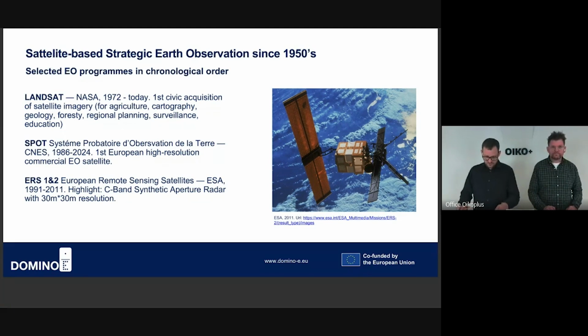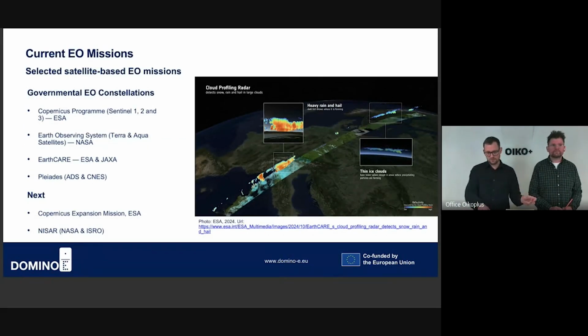Today, Earth observation has matured into a globally distributed infrastructure that remains under constant evolution. And I'm just going to pick out some of them. I guess you also know most, or at least some of them.